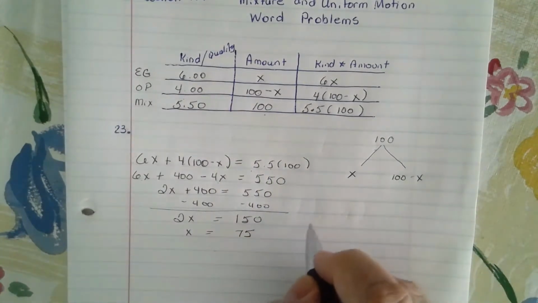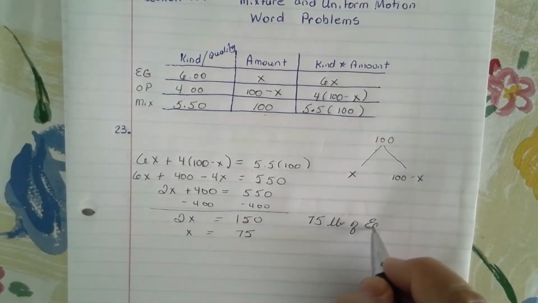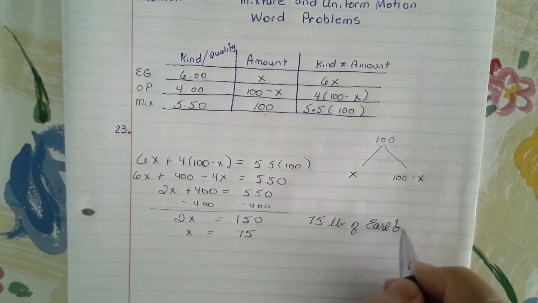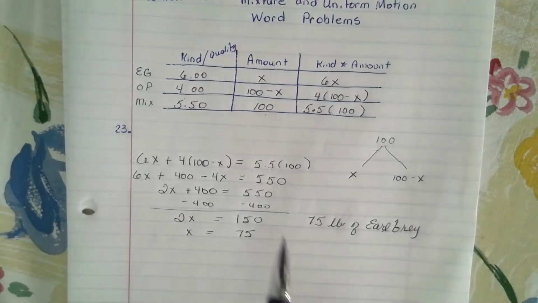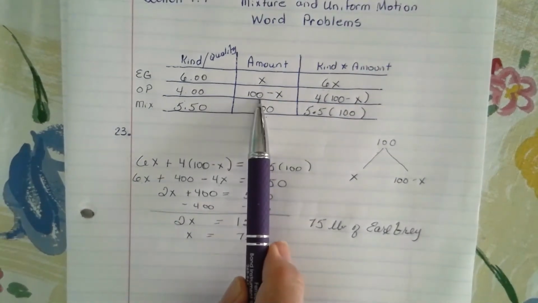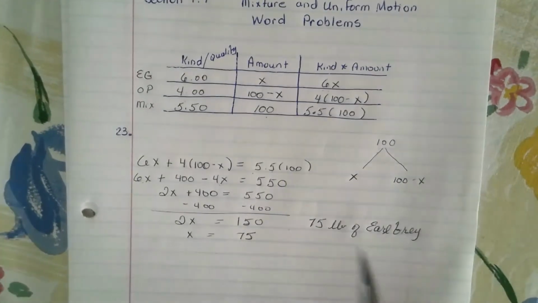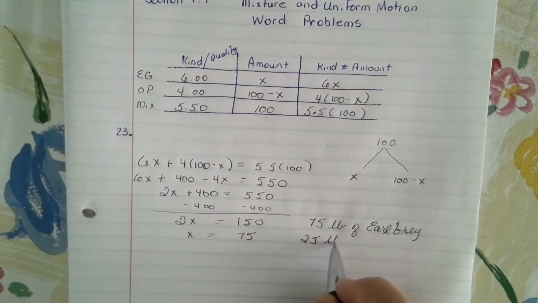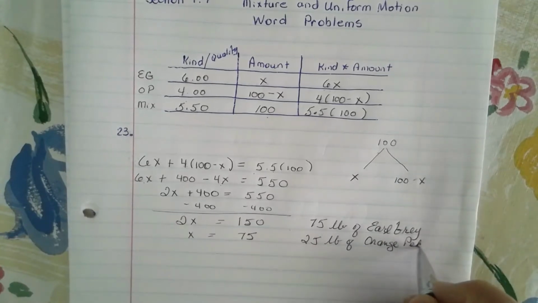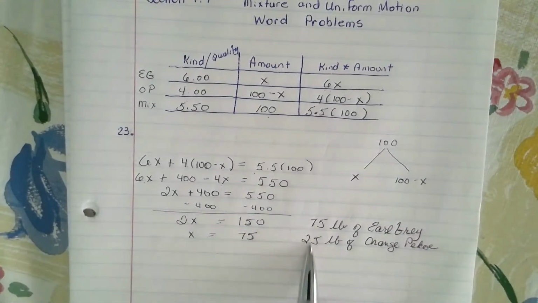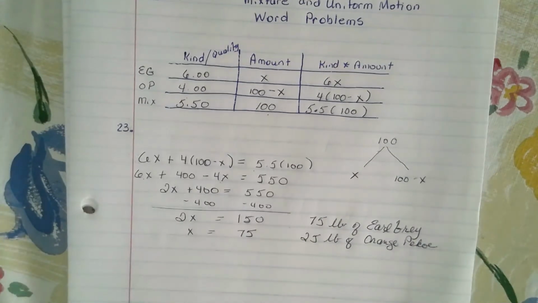So my answer would be to use 75 pounds of Earl Grey and then the remainder part would be 100 minus x, so 100 minus 75 would be 25 pounds of the orange pekoe. And notice that those two together make up the 100 pounds that I was looking for.